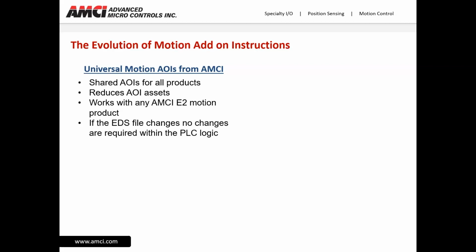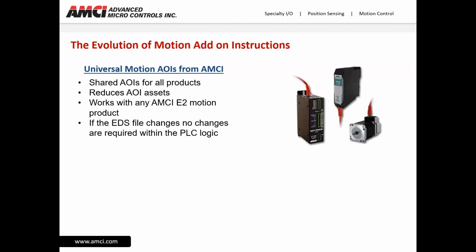However, based upon customer feedback, and really just to make it simpler for customers to use all of our products, AMCI has created a universal set of motion add-on instructions. So regardless of what the product is, whether it's our integrated motors or integrated drives, whether it's AC powered or DC powered, it doesn't matter. It's the same set of instructions.